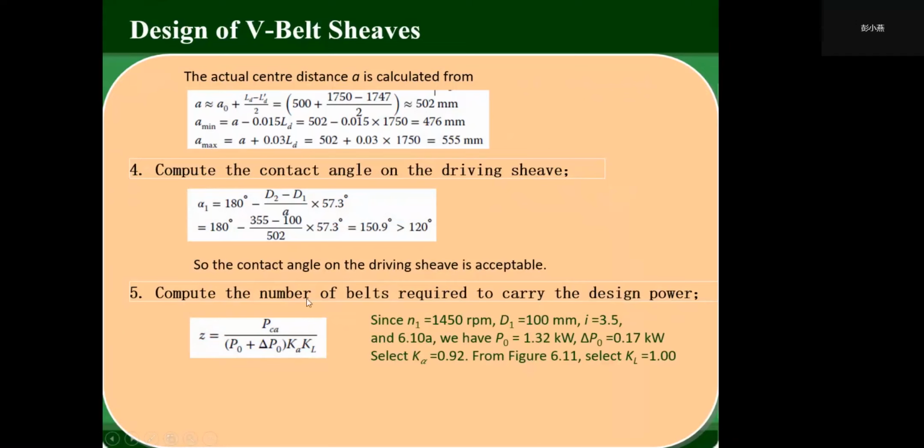And in this example, we use the speed, and D1 and I, and we can choose from the table P0, delta P0, and select K alpha and KL, and then calculate Z is 6.02. So we select the number of belts required is 7, and then compute the initial tension.